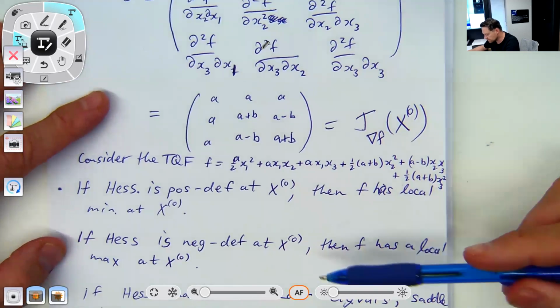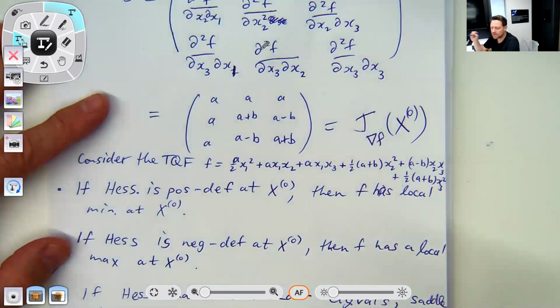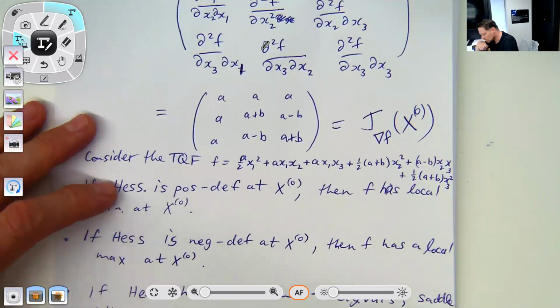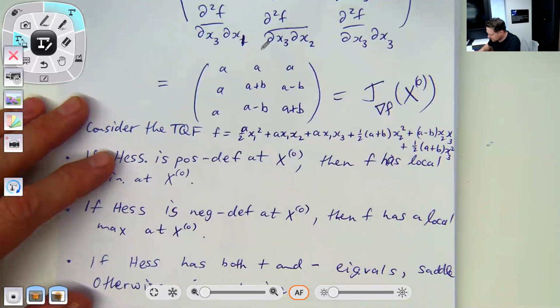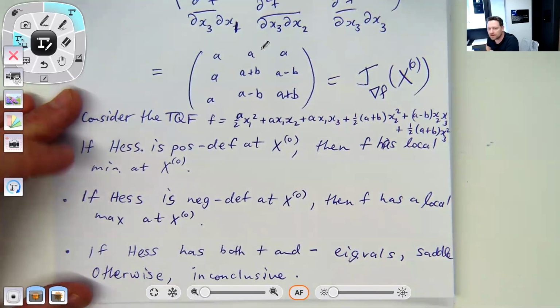Okay, also, if the Hessian is negative definite, now negative definite is just like it seems, you turn the inequality around in the definition. Okay, and I'll press desktop again. All right, then we've got a local maximum at x superscript 0.